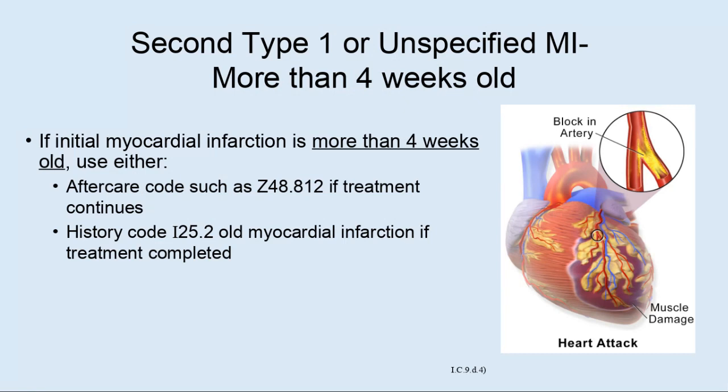If the initial myocardial infarction was more than 4 weeks ago, use an aftercare code Z48.812 if treatment continues for the first one, or a history code I25.2, old myocardial infarction, if treatment has been completed. So you're still coding for both, but which code you use depends on how long it's been between the myocardial infarctions.